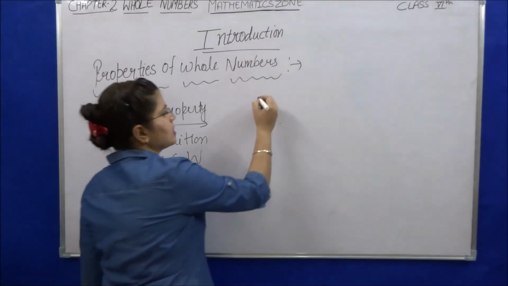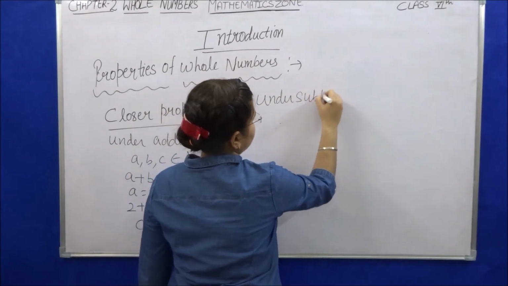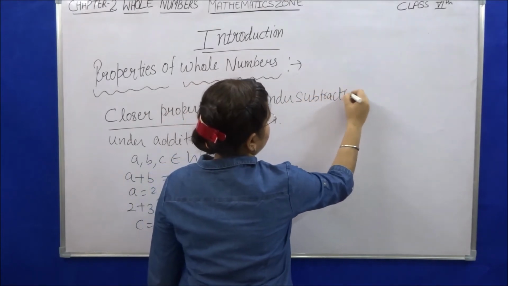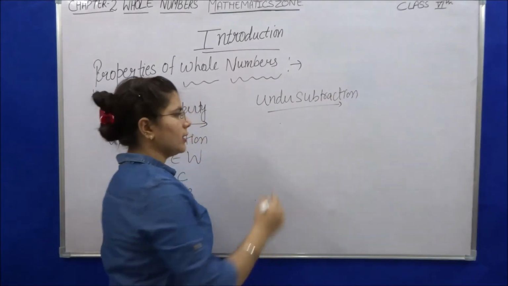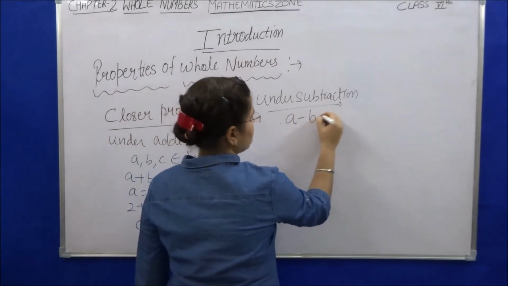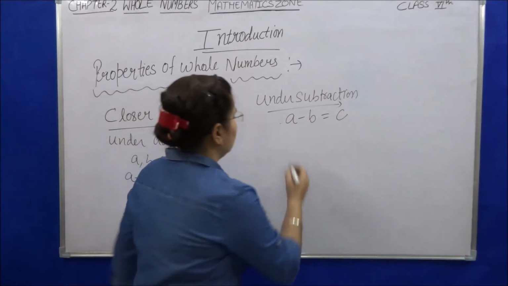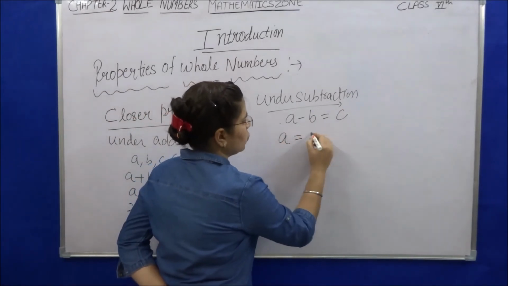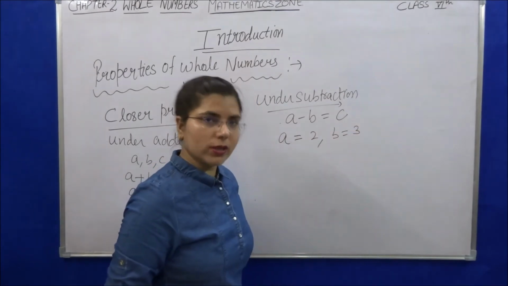Now next is under subtraction. Under subtraction, a minus b should be equal to c. Now let us consider a equals 2 and b equals 3, which are of course whole numbers.